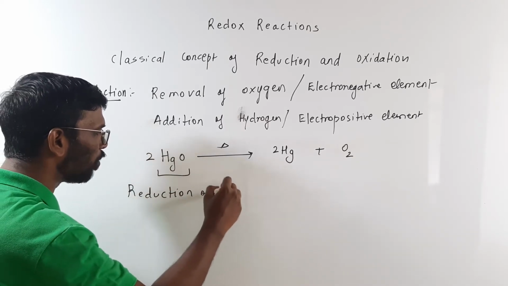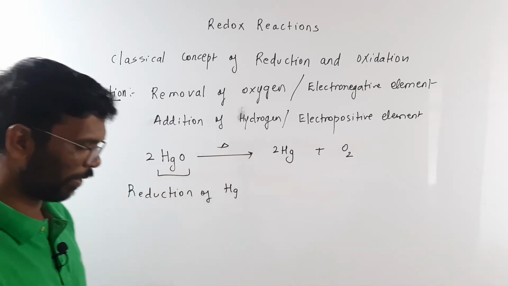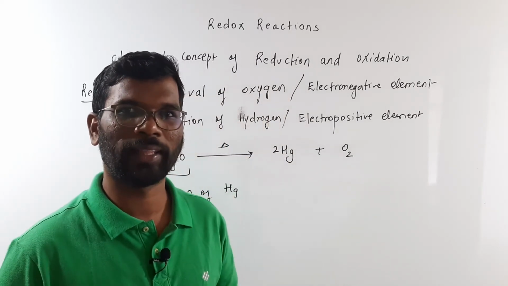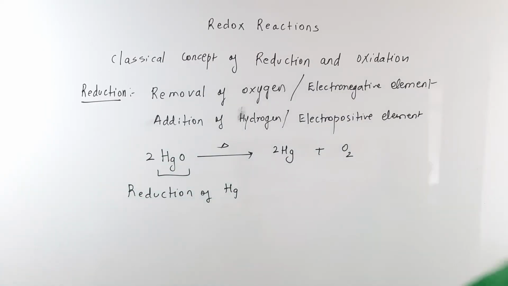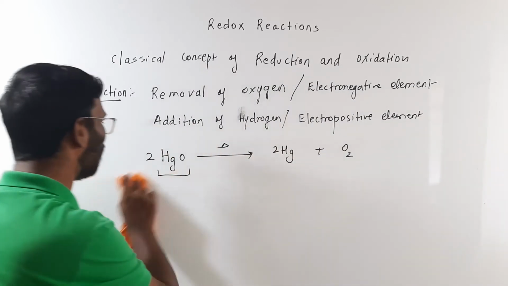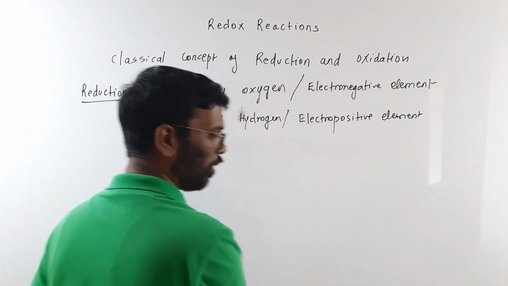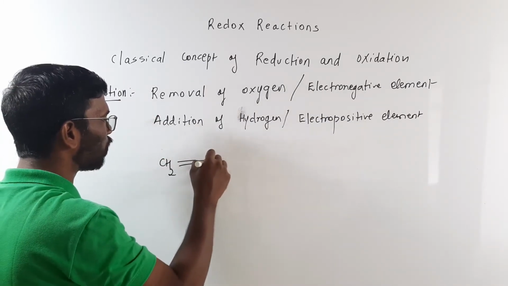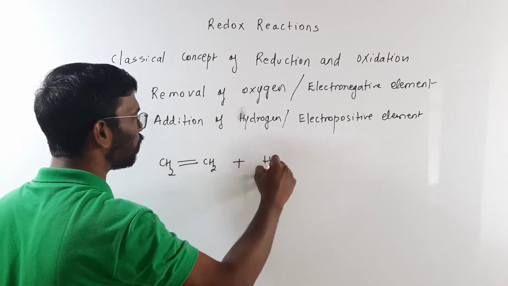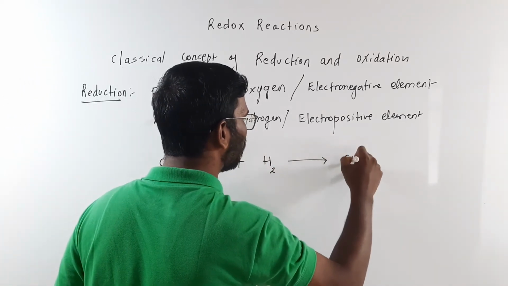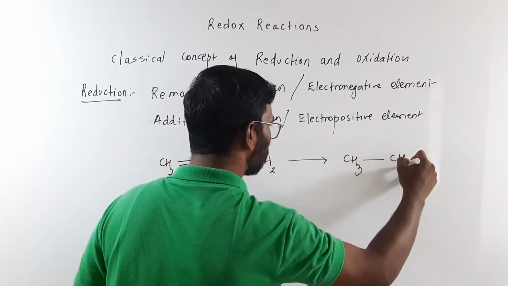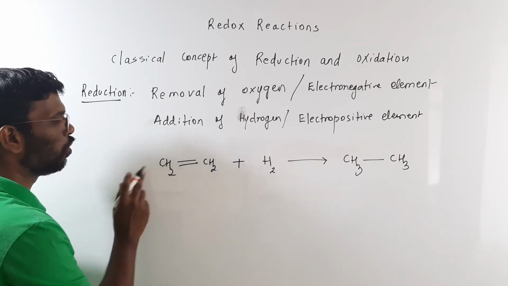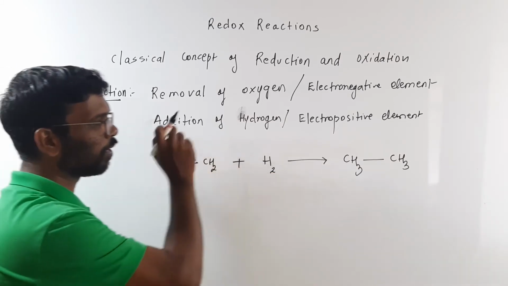of mercury. Addition of hydrogen. Like many unsaturated hydrocarbons, if you add hydrogen to them, we will call that a reduction process. So if we take a hydrocarbon like this, with H2, what you are going to get is, right, hydrogen is added, one hydrogen to this carbon, another hydrogen to this carbon.